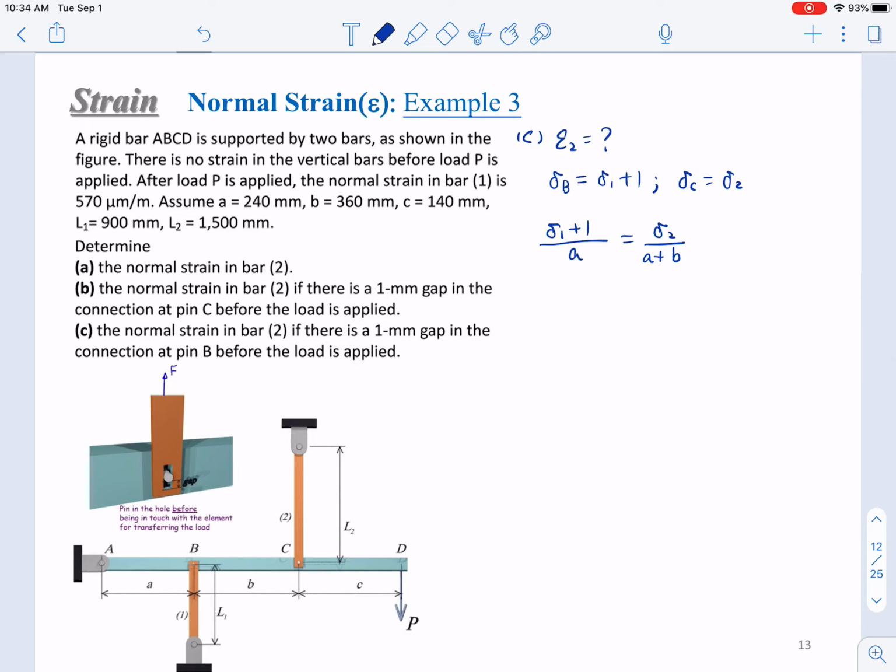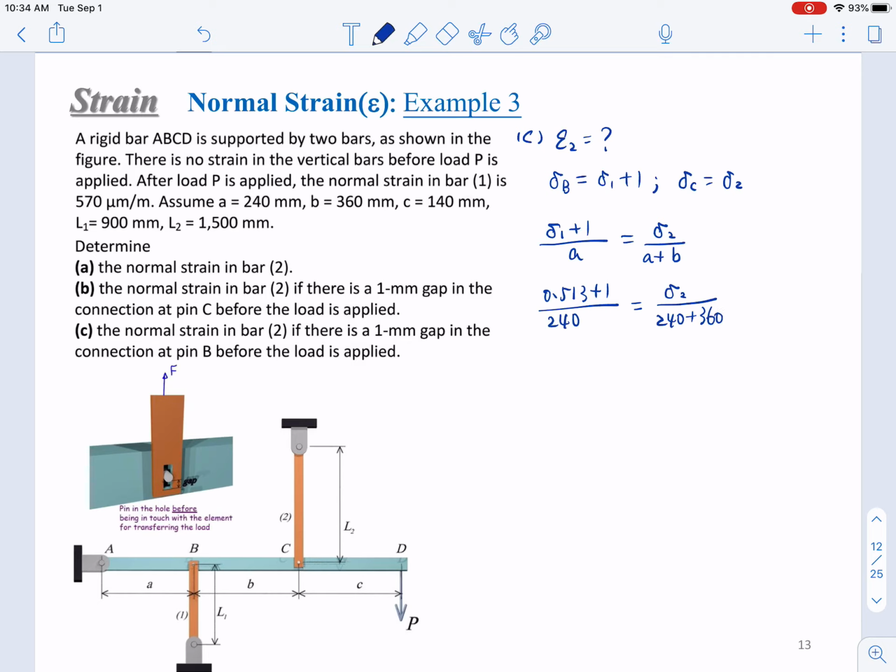So 0.513 plus 1 over A, that is 240, equals delta 2 over 240 plus 360.